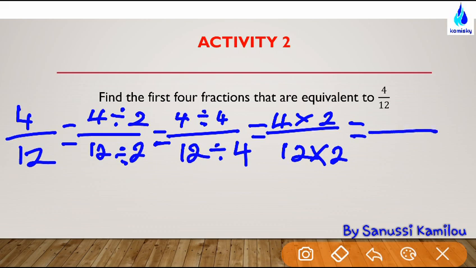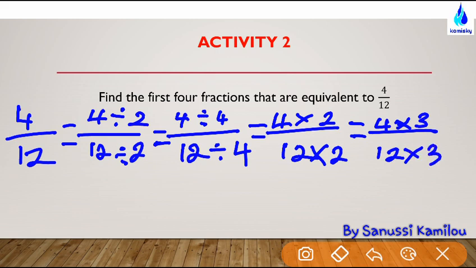Then I can now use 3. 4 times 3, and then 12 times 3.